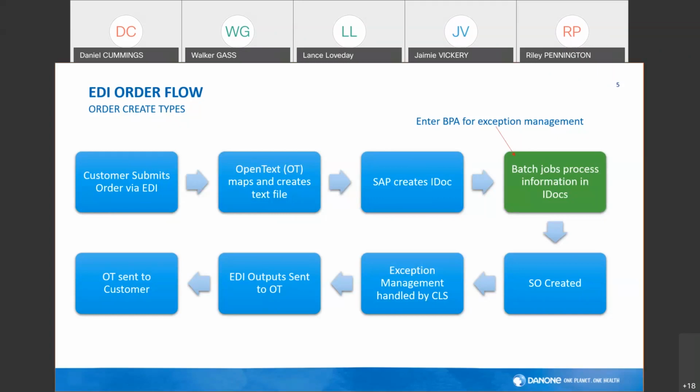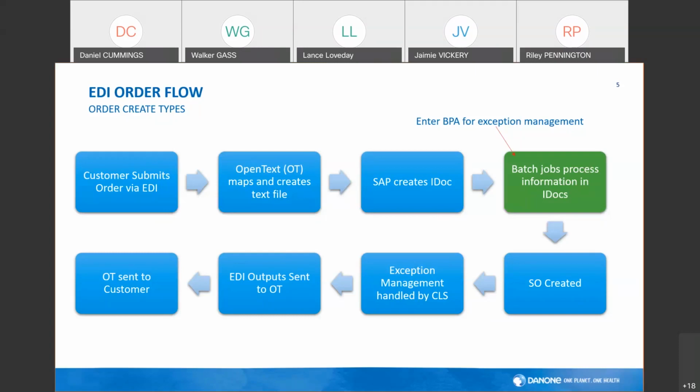We have a large number of EDI outputs, from orders being sent to TMC, to BlueJay, the PO acknowledgments that are sent to the customer, ASNs, invoicing. There's a multitude of different pieces that are being sent out of SAP to other systems, and those are all handled via EDI.